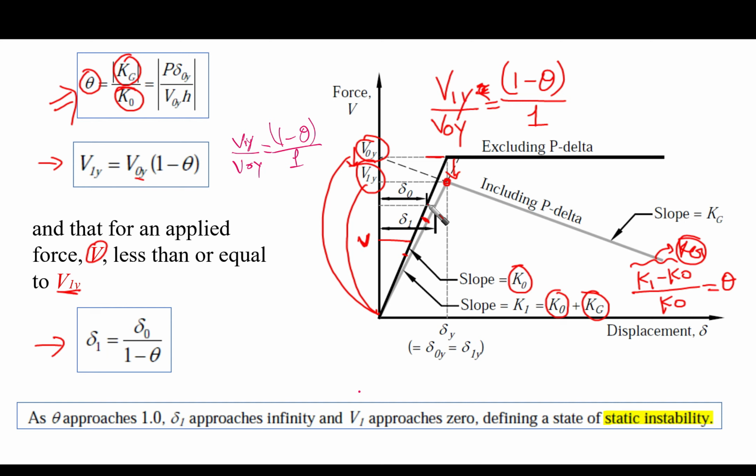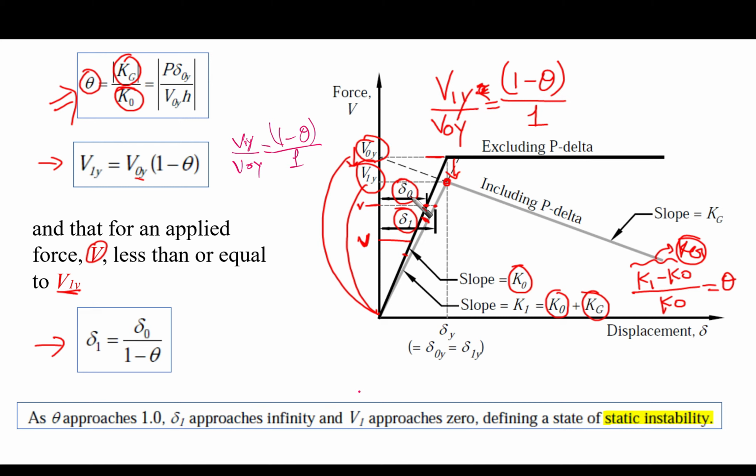Look here, this is delta node, and this one is going to be delta 1, right? If we're talking about the structure at the same V, for any V at this level, we're going to find that they are different. There is delta node, and there is delta 1.